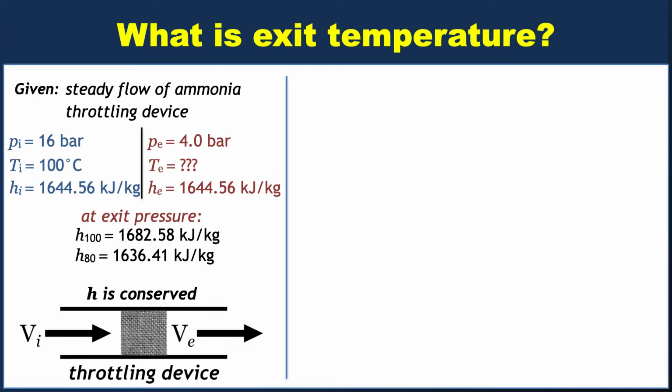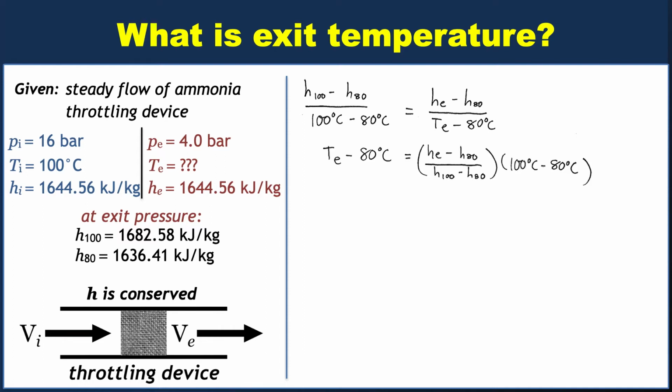So we know that the difference between the specific enthalpy at 100 C and 80 C divided by the actual temperatures, 100 minus 80 C, must be equal to the exit specific enthalpy minus the value at 80 C divided by the exit temperature minus 80 C. So we can rework this to solve for the exit temperature, and that's not too complicated.